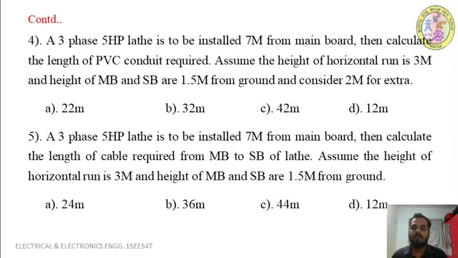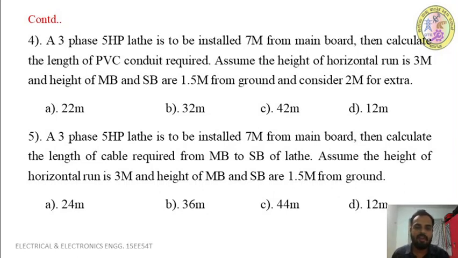And the horizontal run is 7 meter plus extra 2 meter. Okay, what are the options given? A 22 meter, B 32 meter, C 42 meters, D 12 meter. So 1.5 plus 1.5 is 3, plus 7 is 10, plus 2, that is 12 meter. The answer is D, 12 meter. So next we'll go to the next question.